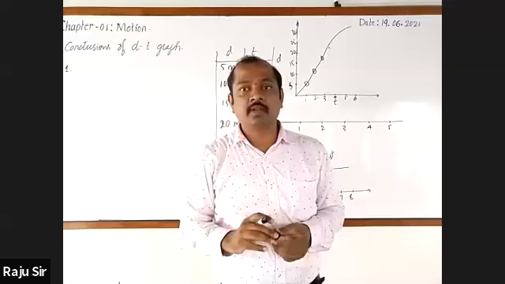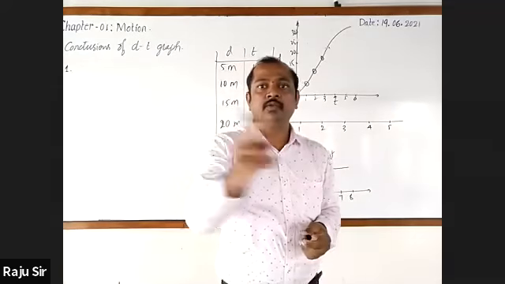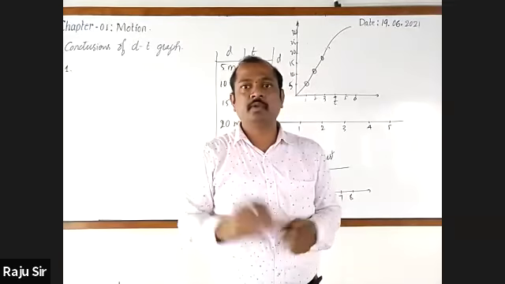First one. Could you tell what is the nature of the graph for uniform motion, uniform velocity, constant velocity? A straight line. Right.